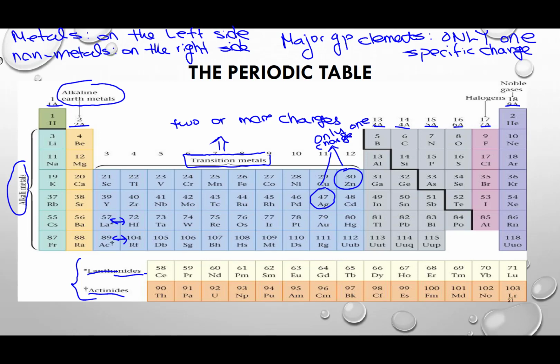Now let's talk about hydrogen. Hydrogen is a nonmetal, and it's the only nonmetal placed on the left side of the periodic table. Remember, the left side of the periodic table is where all the metals are, with the exception of hydrogen.